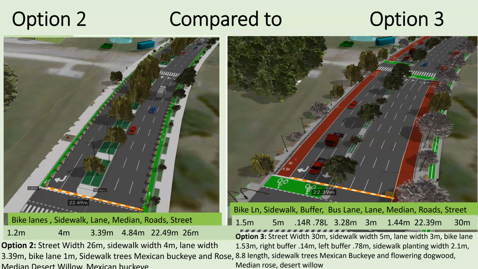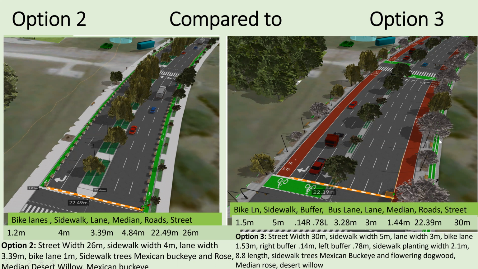Here's a comparison of option 2 and option 3. In option 3, the street has been expanded to 30 meters, but the roadway decreases in size to 22.39, which is similar to option 2. The decrease in size is because there is a bus lane on both sides of the road that can be used for buses or bicycles.